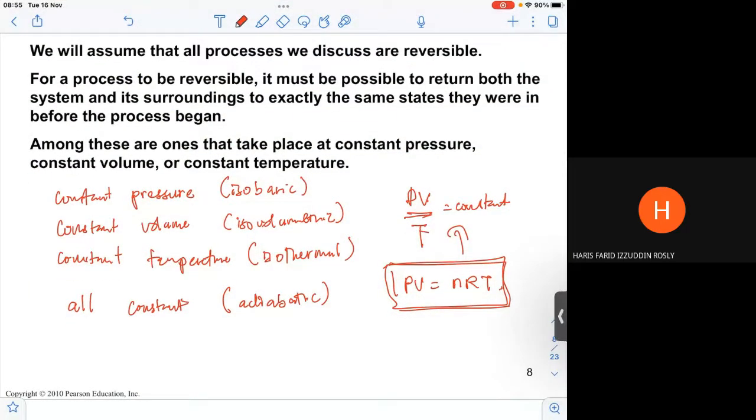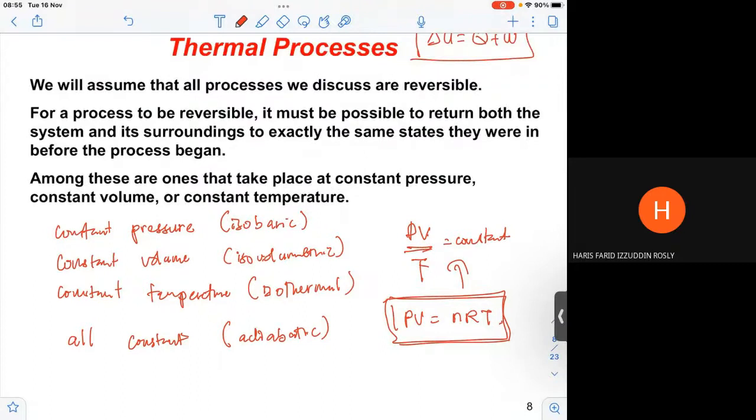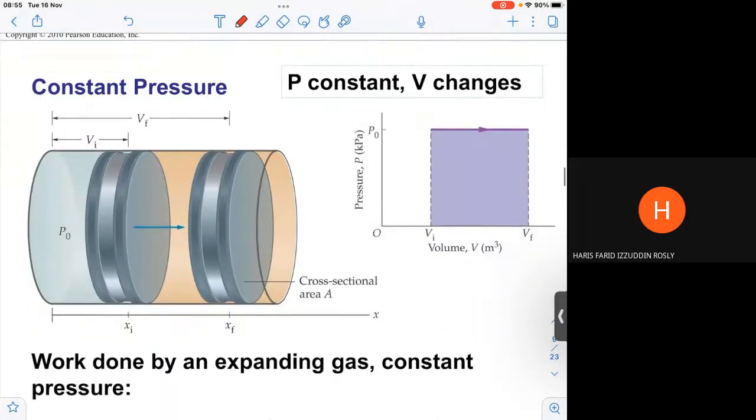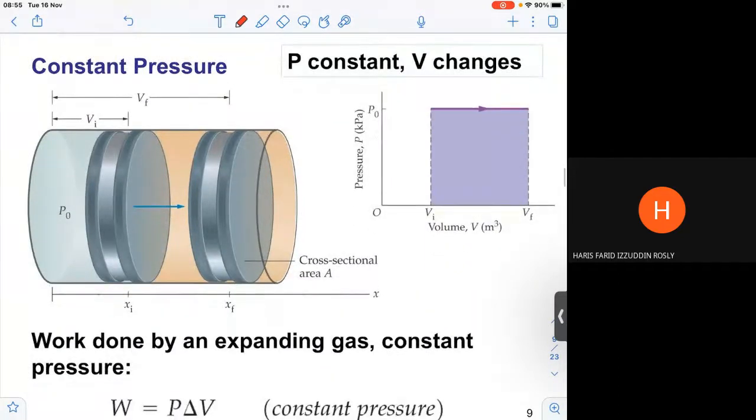There are four thermal processes: constant pressure, isobaric, constant volume, isovolumetric, constant temperature, isothermal, and everything constant will be the adiabatic process. All right. So first we look at the constant pressure. In constant pressure, P will be constant and we will vary the volume.